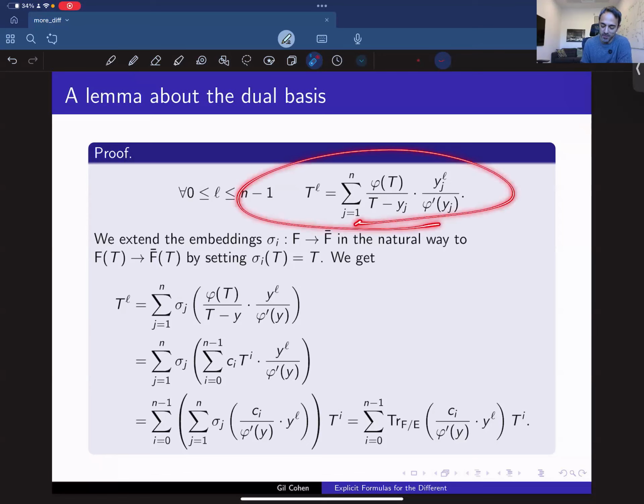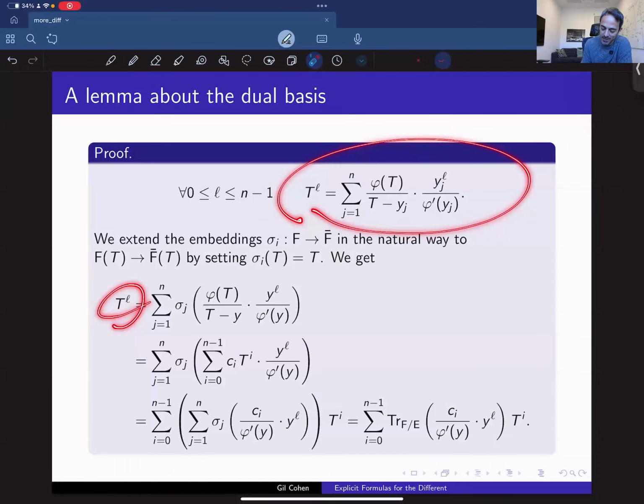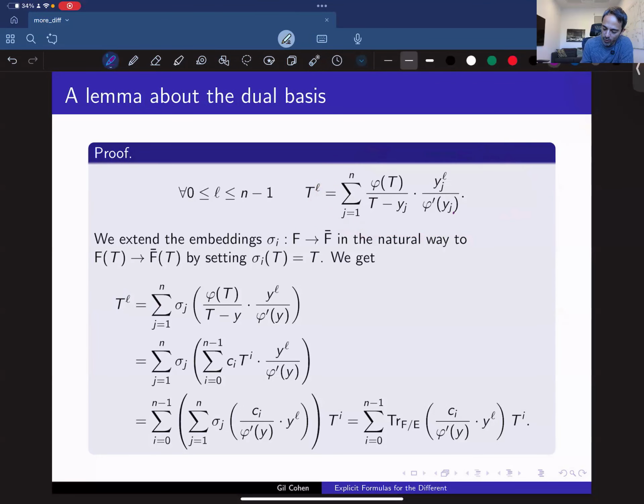So what I'm saying here is that for every j, looking at this thing, we know that t to the L is that, but in that expression, every time you see a yj, if you remember, this is just sigma j of y. So you have a sigma j of y here, here, and here, and sigma j is of course multiplicative and additive, so you can pull it outside, and instead of writing sigma j's applied to the yj's, you can write just the sum, applied to the sigma j of this expression, right?